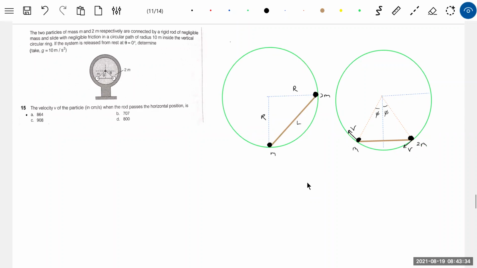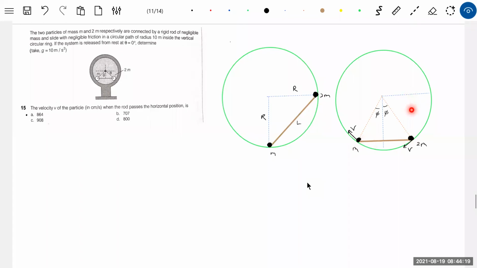How to calculate that speed? Decrease in potential energy of particle 2m should be equal to increase in potential energy of particle m plus kinetic energy of these two bobs.